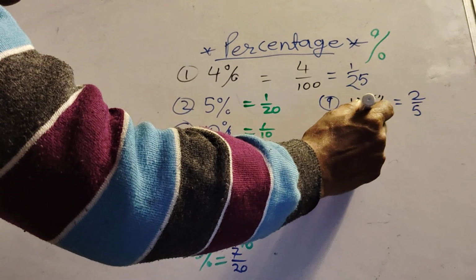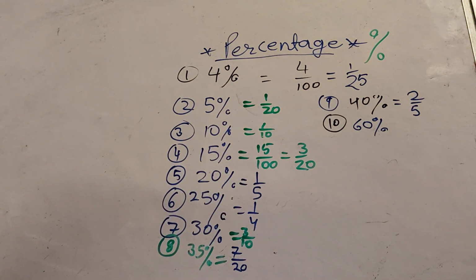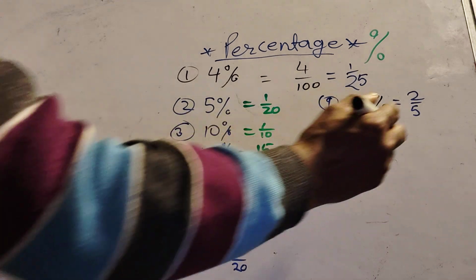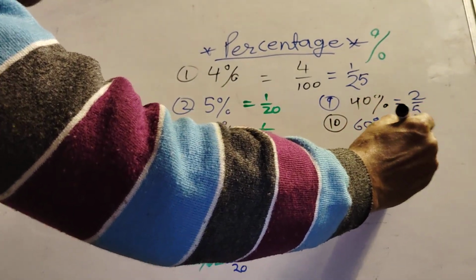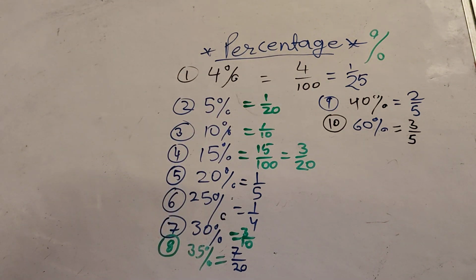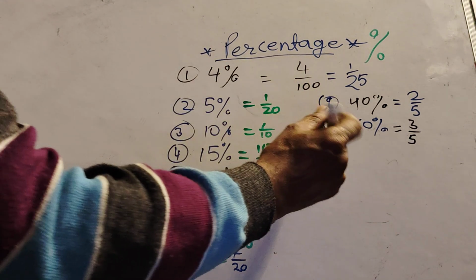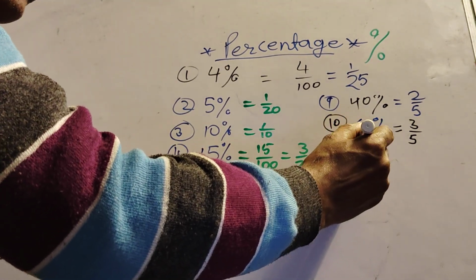Next is 60%. 3/5, because the zero is already cancelled. Okay. Next, the 11th is 70%.